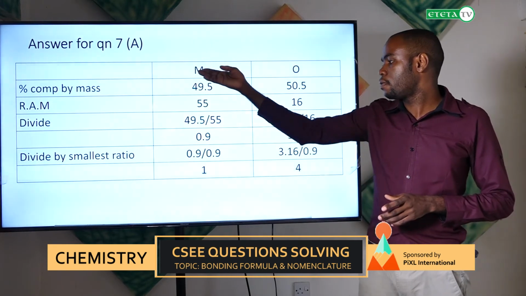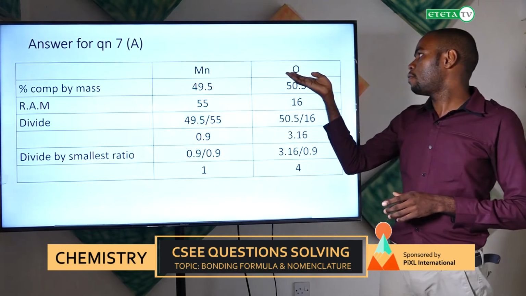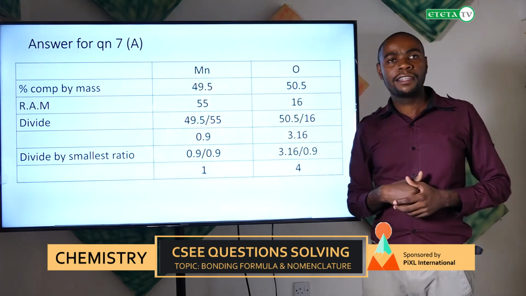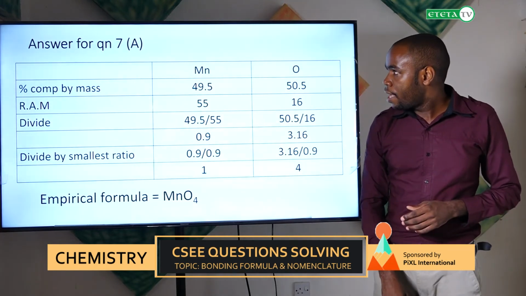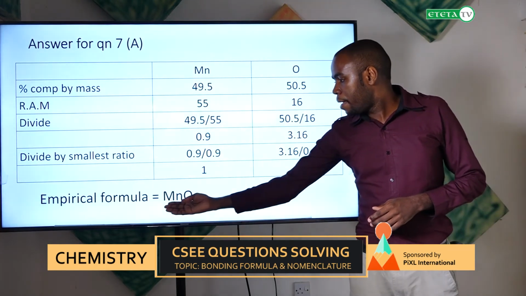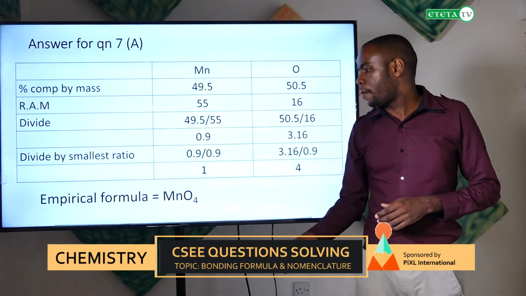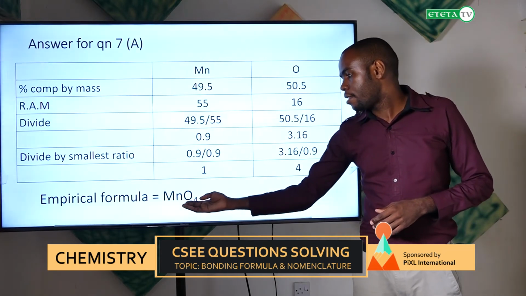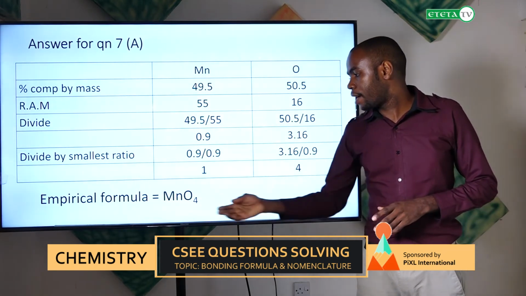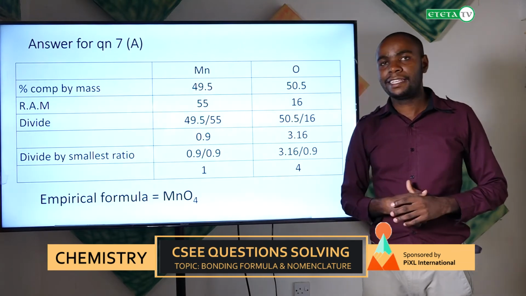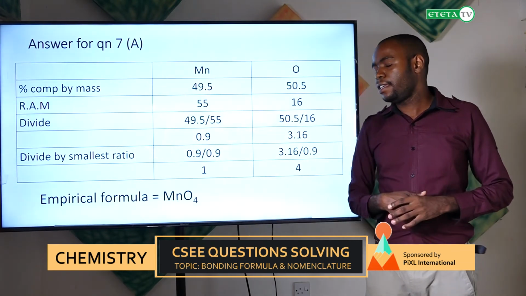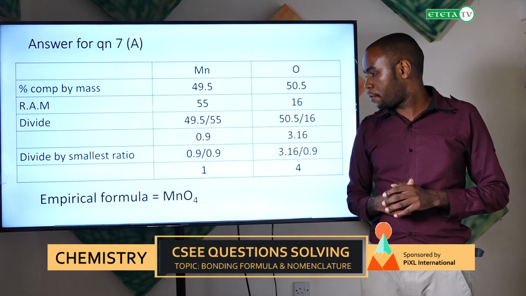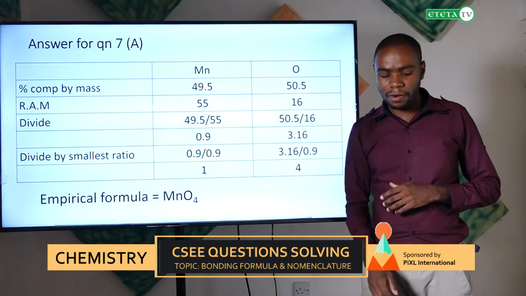Here in manganese you obtain 1, but for oxygen you obtain 4. For that matter, the empirical formula is MnO4. Manganese is 1, but oxygen is 4. So this is the empirical formula.